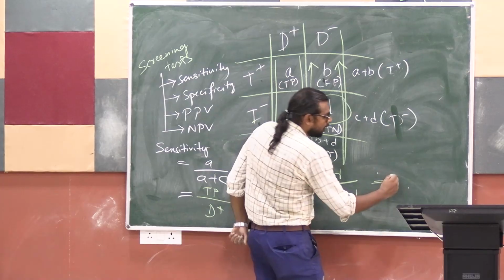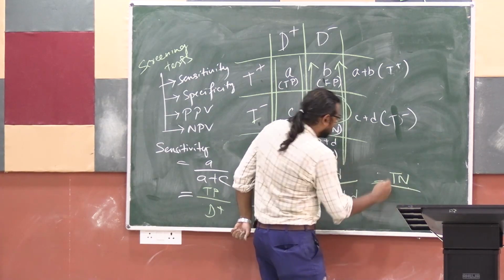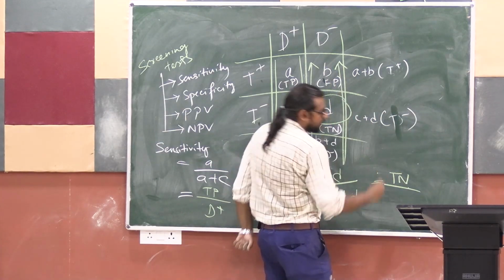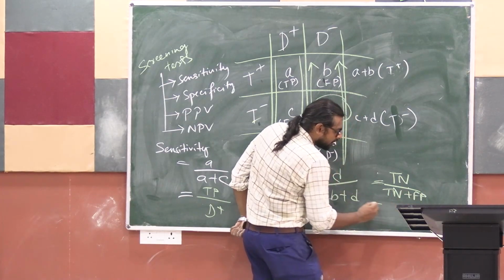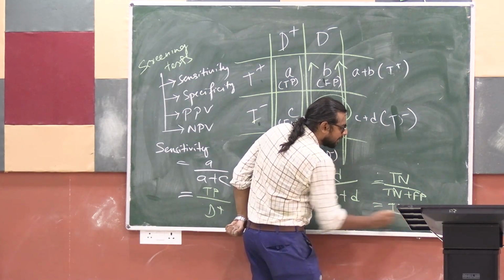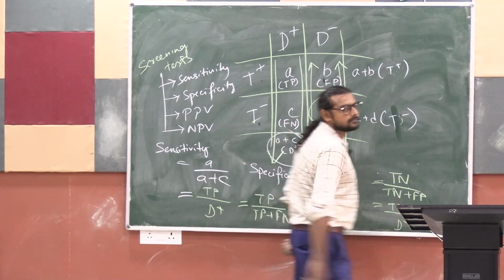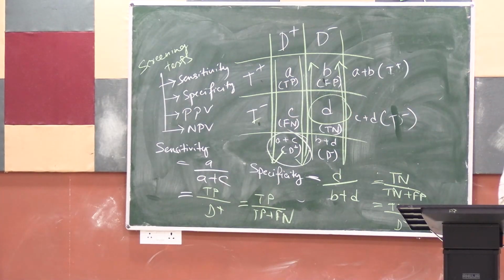What will this be? True negative by true negative plus false positive. Or in other words, true negative divided by disease negative. Will everyone remember? No confusion out here? Just in terms of simple probability.